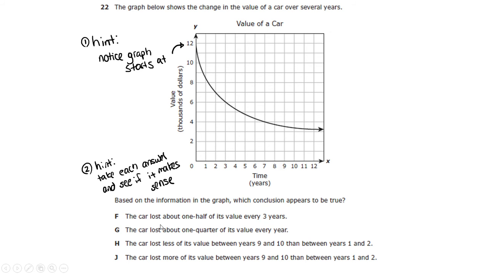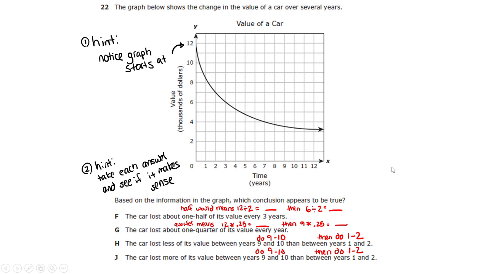So F says the car lost 1/2 of its value. So if you take 12, then take half of that, then see if it matches up for each of the 3 years. So see if it matches up for that number at 3, and then it matches up for that number at 6. And here's what I mean by that. So this is a very big hint.